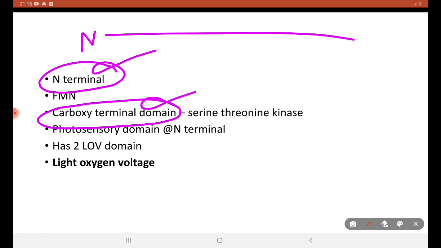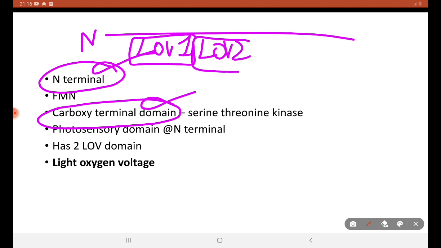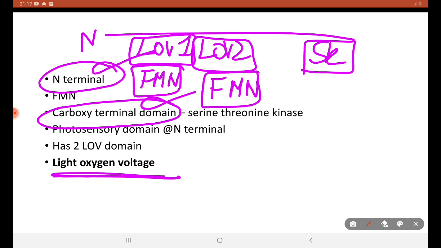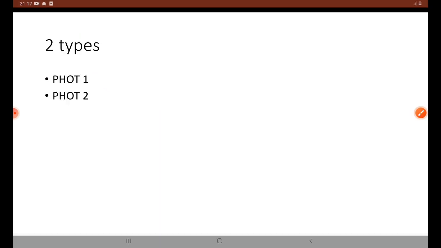In the N-terminal site we have LOV domains, LOV1 and LOV2. In the C-terminal we have serine threonine kinase domain. They have FMN in both the cases. LOV stands for light oxygen voltage.